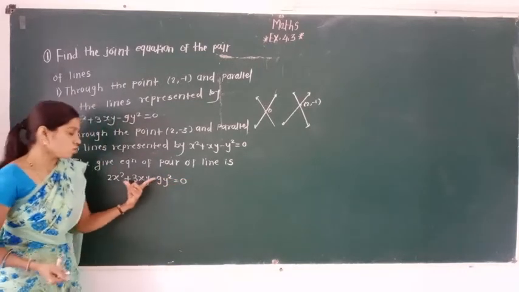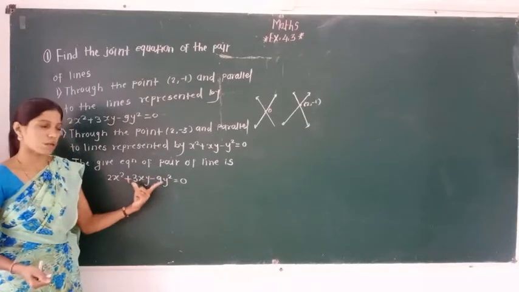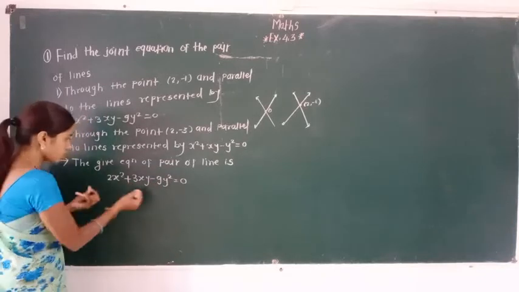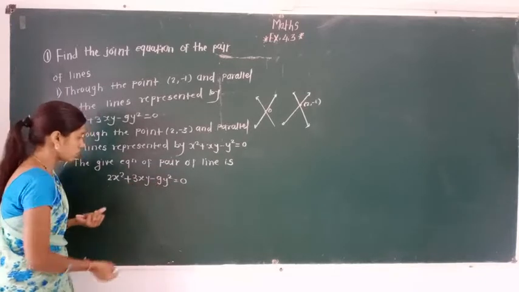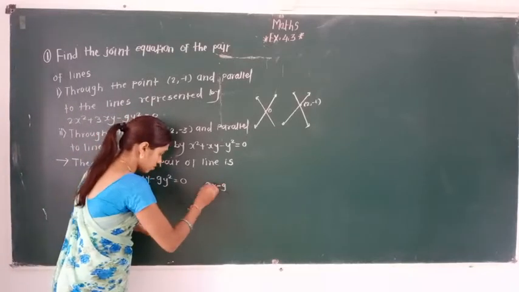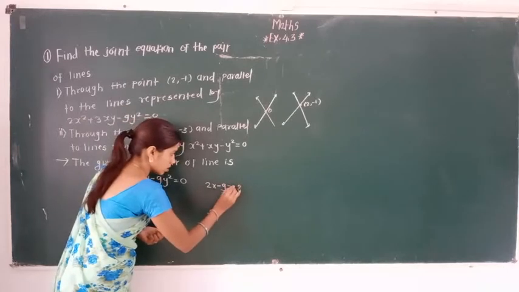First of all we have to factorize this equation, then we get the separate equations of this combined equation. Now see here, take the product of these two terms: 2 into -9, we can write -18.